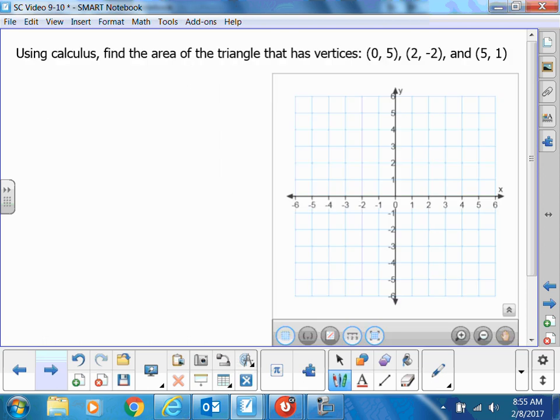All right, let's look at another one that we'll actually go through and calculate. We're going to find the area of the triangle that has these three vertices. So you're going to have to sketch a little xy axis on your paper. And we have the points (0, 5), (2, -2), and (5, 1).